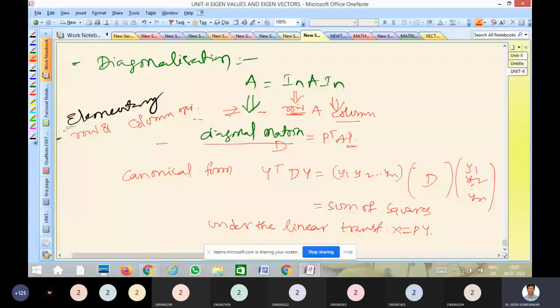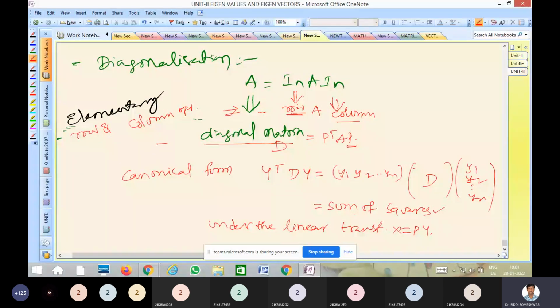So under the linear transformation x equal to Py, in this sum of squares you check the number of positive terms. That gives you the index, and the signature is 2s minus r. So this is the method of diagonalization.